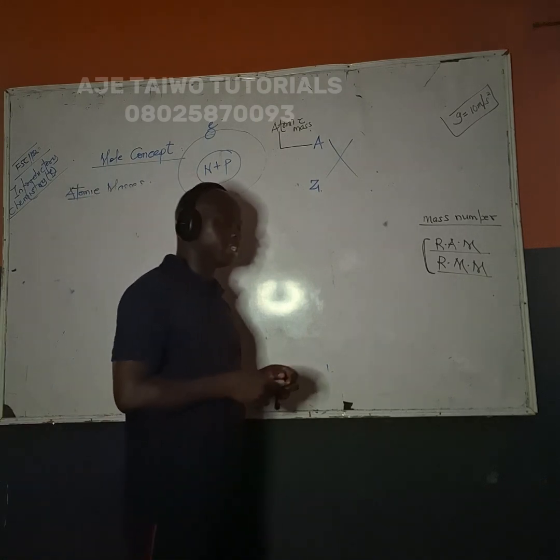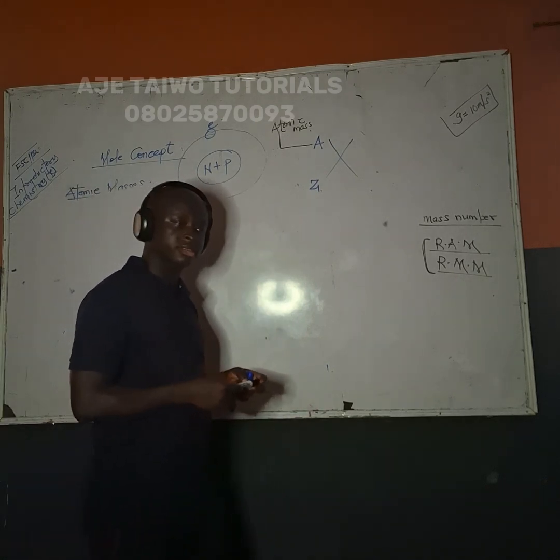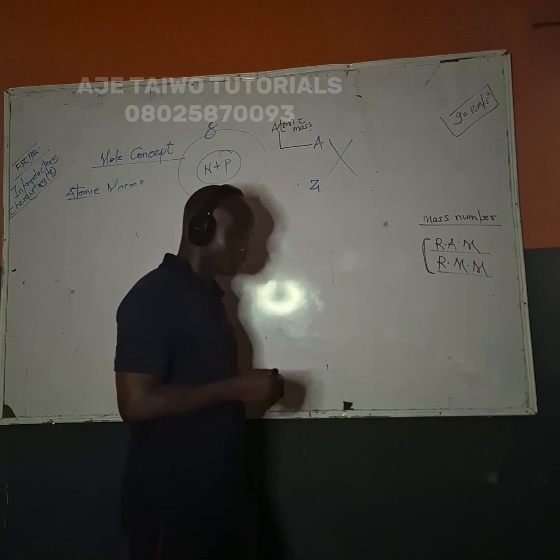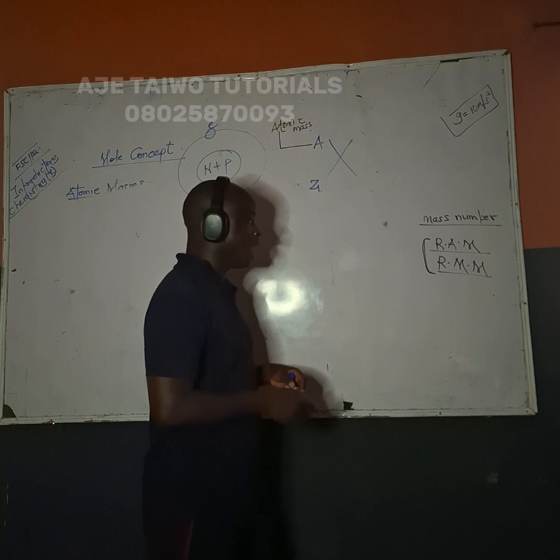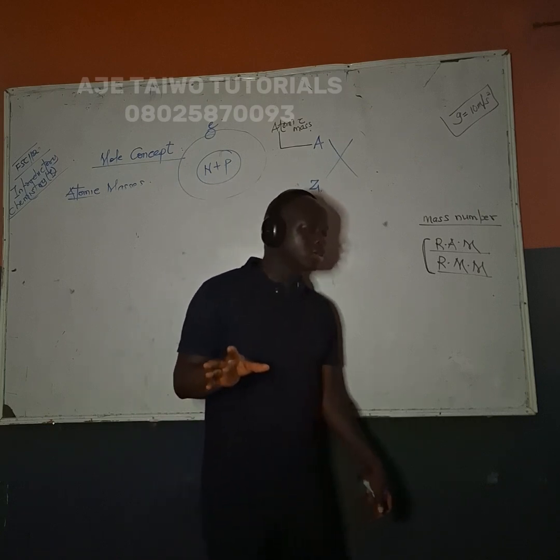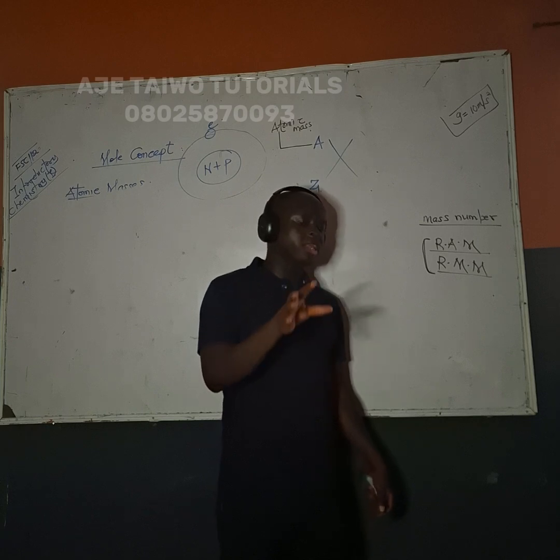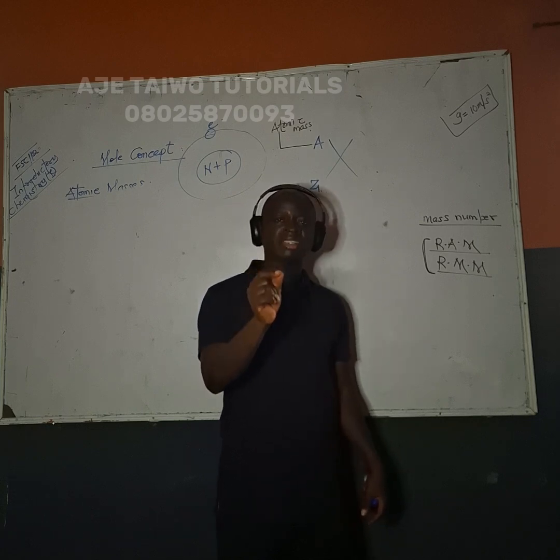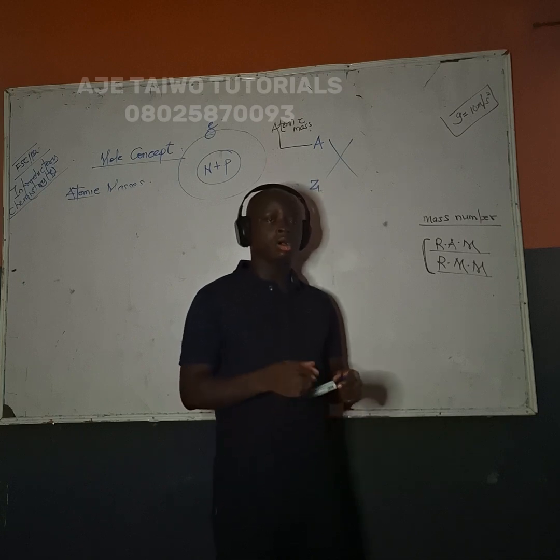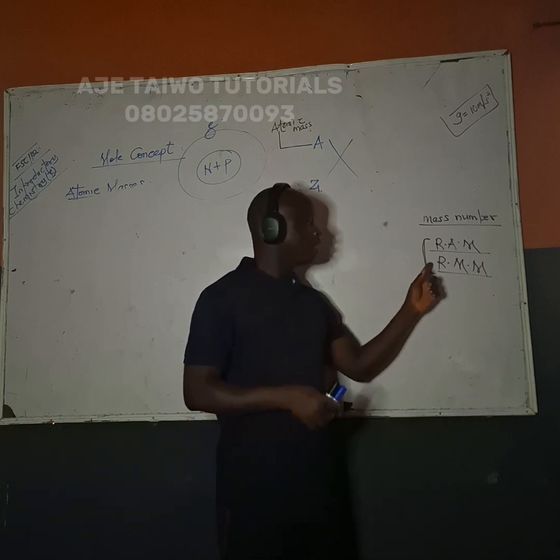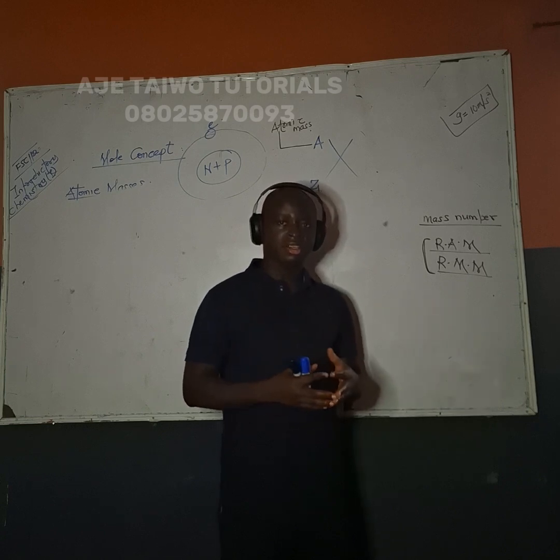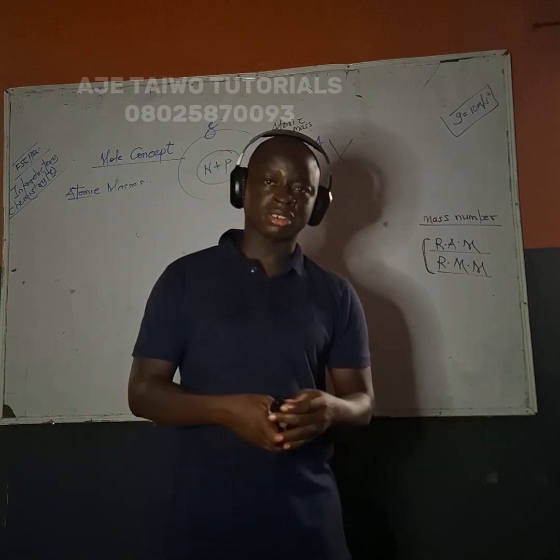Relative atomic mass is the mass of an atom of an element, while the relative molecular mass is the mass of a molecule or compound.